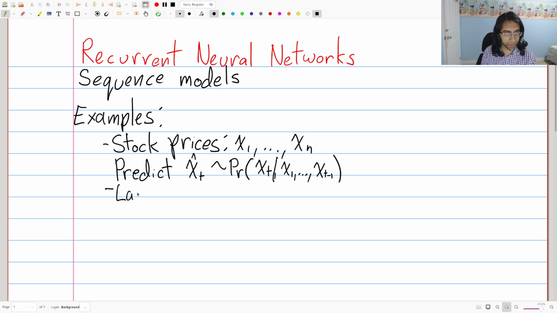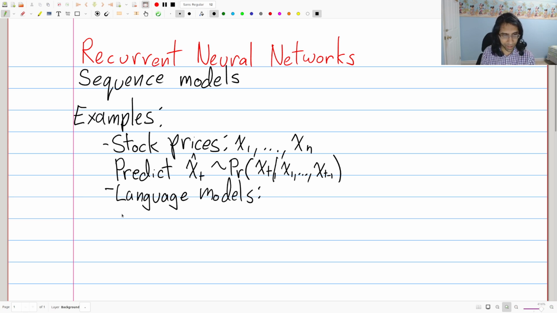So that's one example. Let's see another example before we get more into the details. We just want to see some applications first, like what type of places these might be useful. And the most common place where sequence models come up is almost certainly language models. Language models work kind of similarly, though a little bit in disguise.